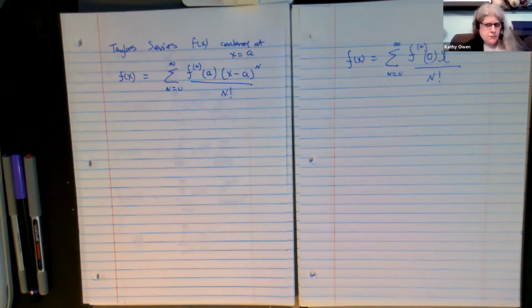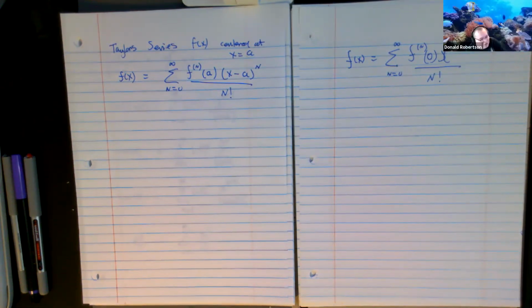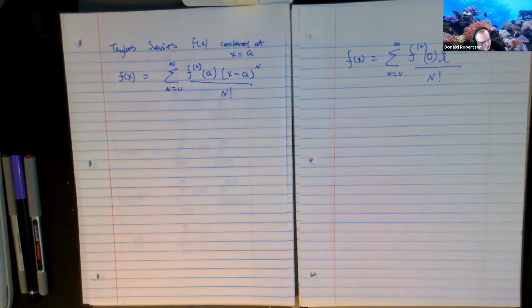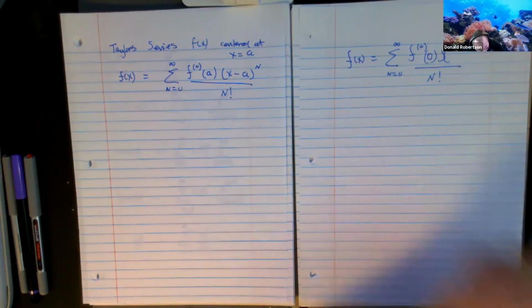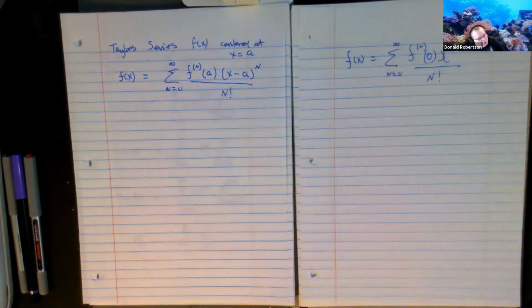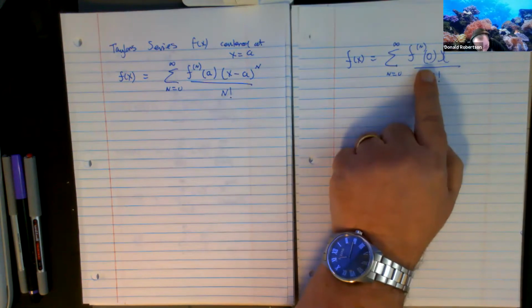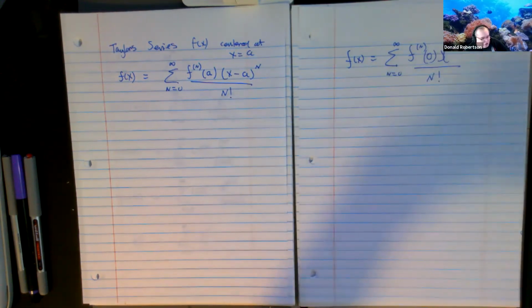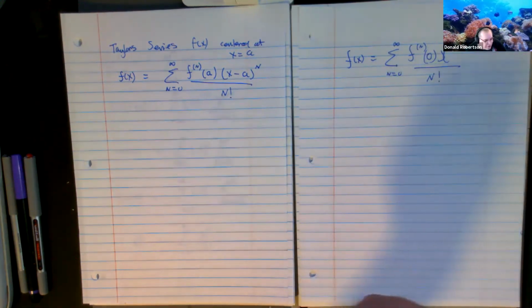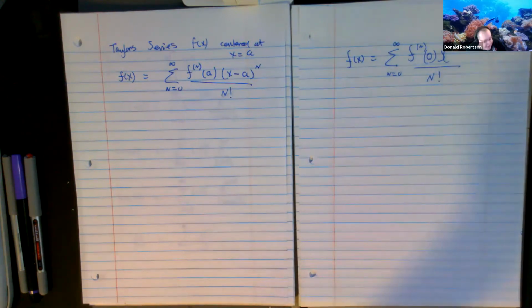When a is 0. Yes, when a is 0. You're right. When a is 0. So Maclaurin, and I've no proof of this, but I'm assuming this is what happened, Maclaurin figured this out, and it was really useful. And in fact, when you look at power series, they tend to use Maclaurin series because, would you agree, power series with x's and x cubes are just easier to deal with and look pretty.